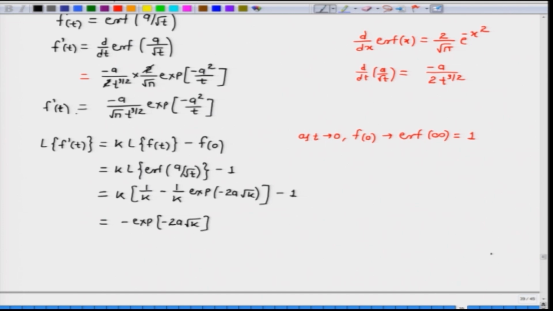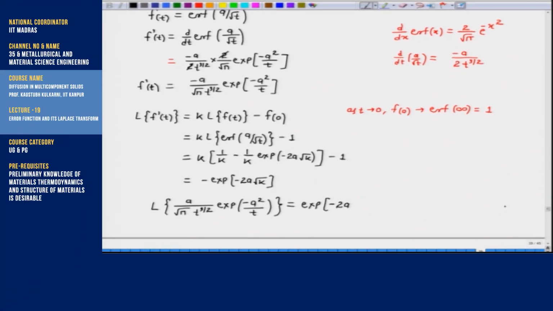So, if we substitute for f prime of t on the left hand side and get rid of the negative sign from both sides, we find that the Laplace transform of a over root pi t to power 3 by 2 times exponential minus a square by t should be equal to exponential minus 2a root k.